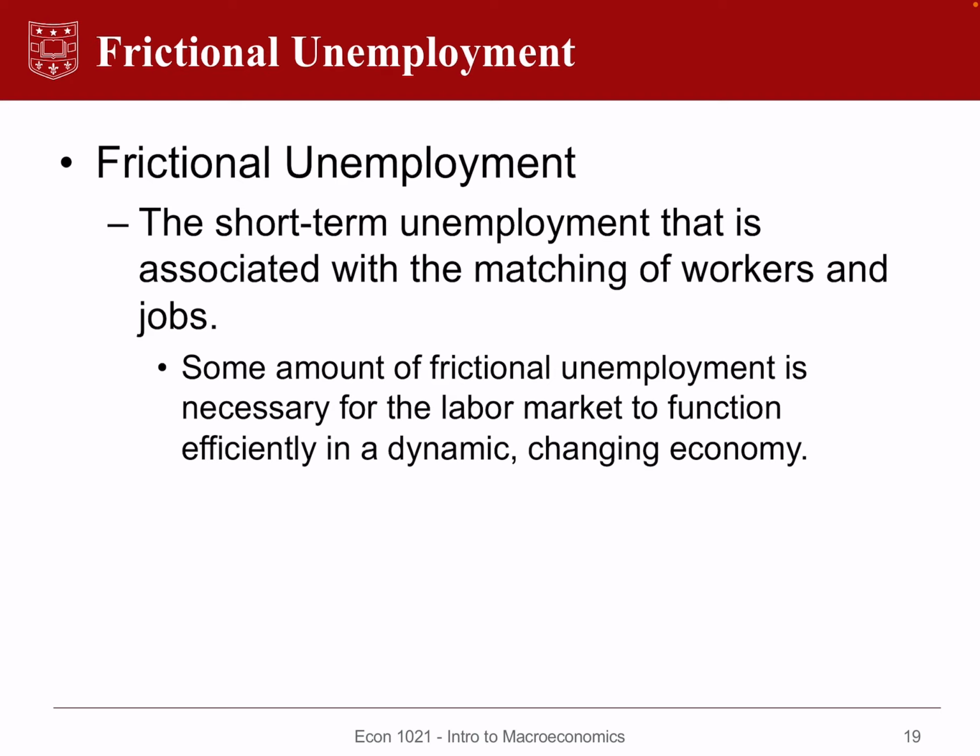So why might frictional unemployment arise? There are three reasons why we think about frictional unemployment arising. One reason why we would expect to see frictional unemployment turns on the efficiency with which we can match workers and firms.